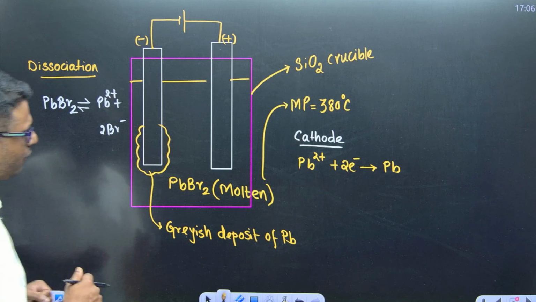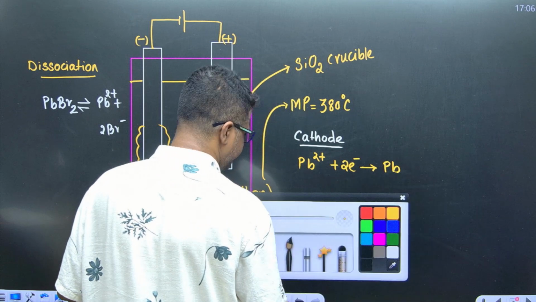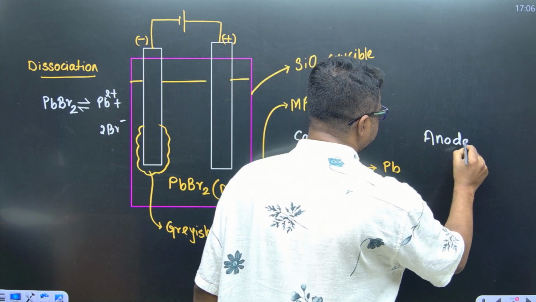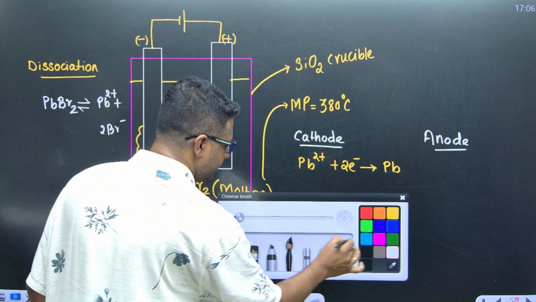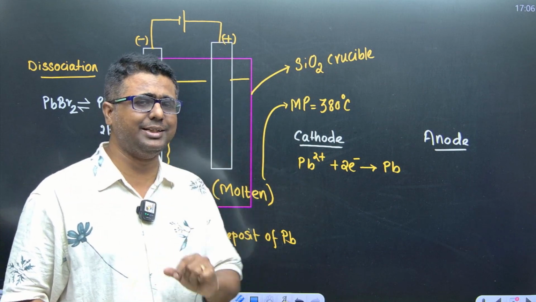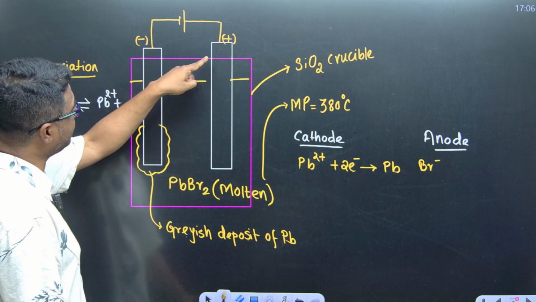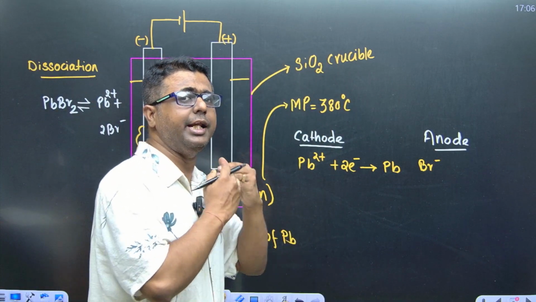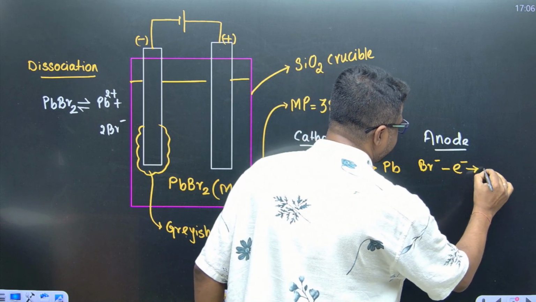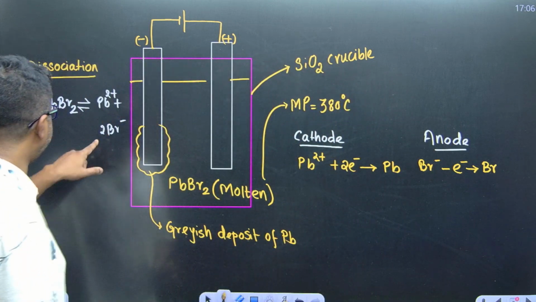Okay. Now we are going to do the reaction at anode. So at anode, what is going to go at anode? At anode, Br minus is going to travel. So Br minus, anode is the positive electrode. Br minus is going to give its electron to anode and form neutral bromine. Now here if you see, there are 2 bromine minus.